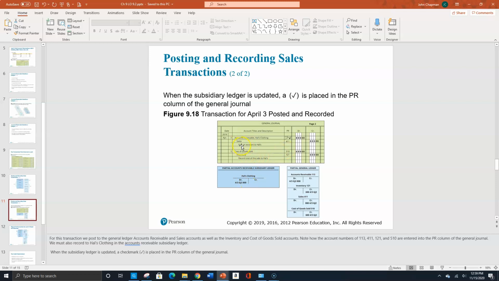We also updated sales, cost of goods sold, and inventory. And remember, in this posting reference column, you're putting the account number. So the cost of goods sold account down here is account number 510. So you move it up here. And then down here, you put a reference to General Journal page 2 is where it is.